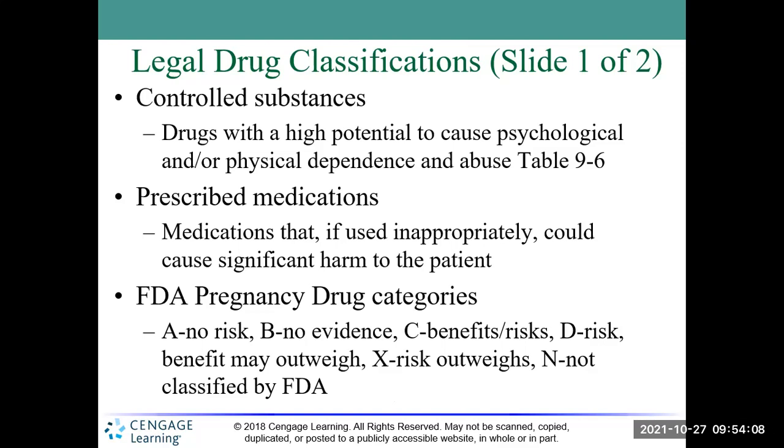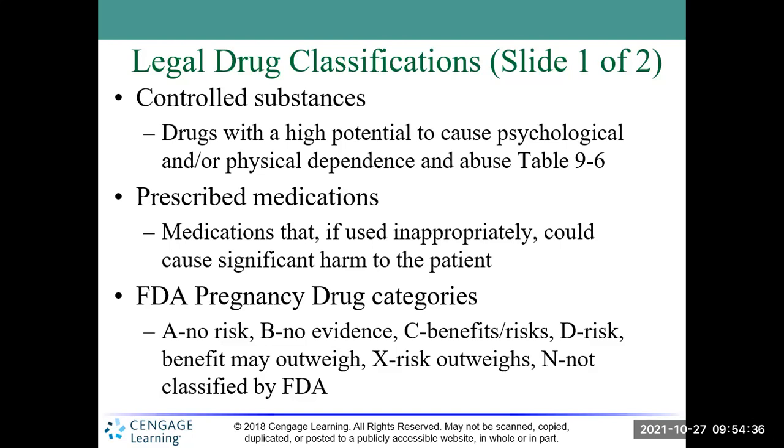The higher controlled substances are going to be more regulated than the lower controlled substances. And then prescribed medications. So these are medications that, if they're used inappropriately, could cause harm to the patient. So it's not a drug that we can have over the counter. An example of that is antibiotics, because if they're used inappropriately, then they can have really strong adverse reactions and also strong side effects.